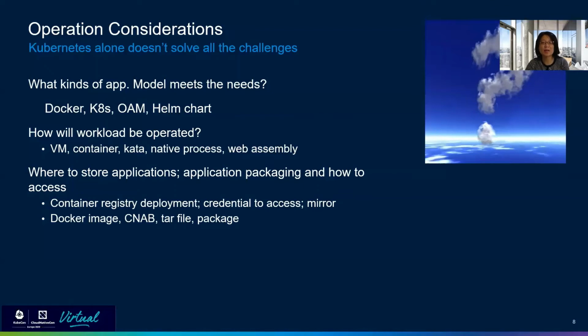So how to access and where to store the access credentials? If the network bandwidth between edge and cloud is limited, do we need to deploy a local container registry as a mirror? From a packaging perspective, is it in the form of Docker image, tar file, or CNAB bundle?